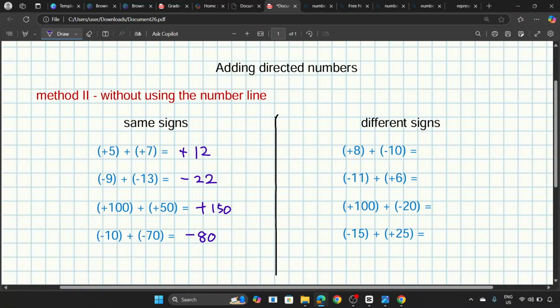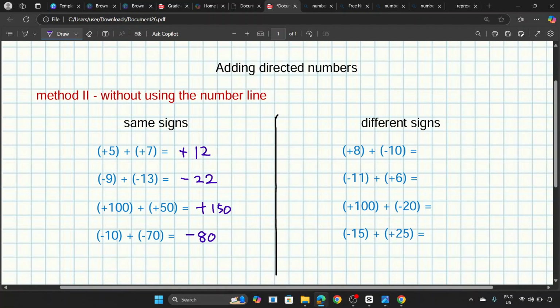In the first question, it is positive 8 plus negative 10. Now you see the signs of the two numbers, 8 and 10, are different. One is positive and another one is negative. So, in same signs, we do not consider anything, we just put the common sign of the two numbers.